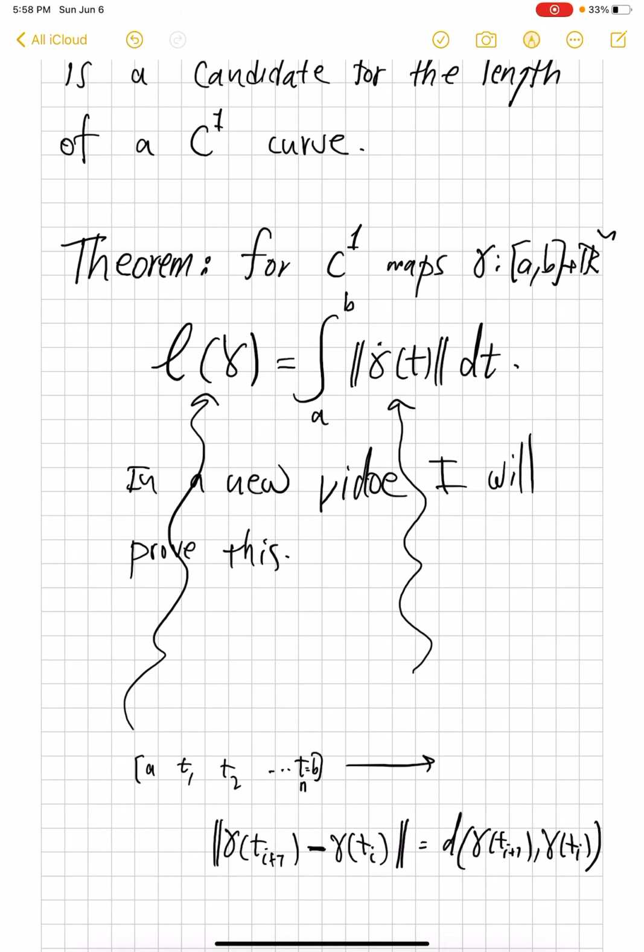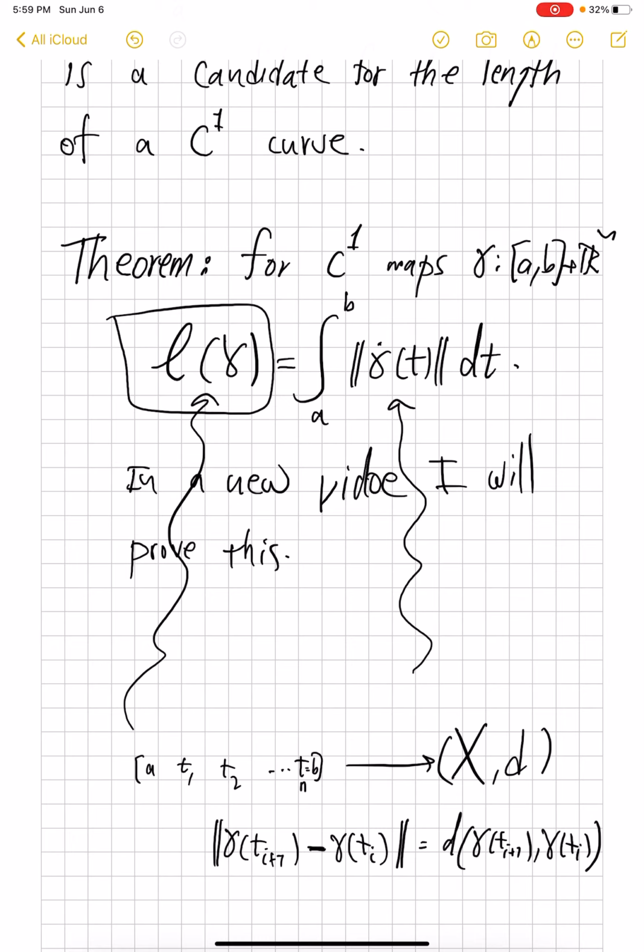And guess what? If you were mapping into any metric space, with a notion of distance of points, you would still be able to define this quantity via the supremum of the summation of lengths.